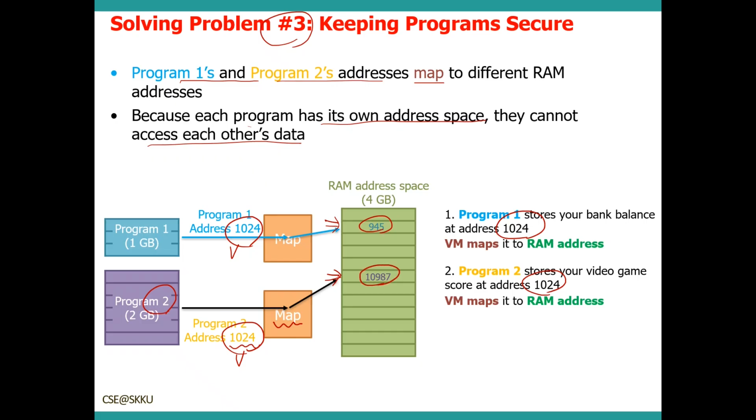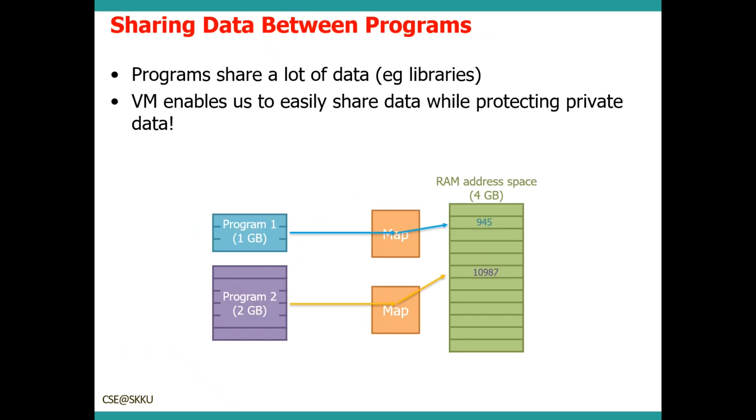So then we can provide some protection because neither program can touch the other's data. Okay, in some cases we want different programs to share a lot of data. For example, the library code can be shared between programs. Then the virtual memory technique enables us to easily share data while protecting private data.